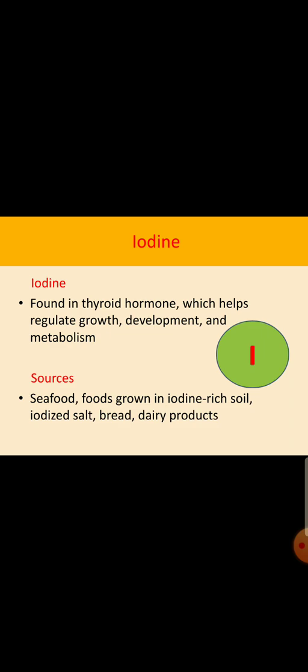So the source of iodine is very common. We commonly take the iodine from salt used for cooking the food. So we can maintain the amount of iodine in our body.